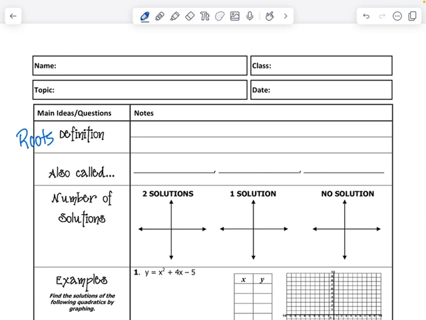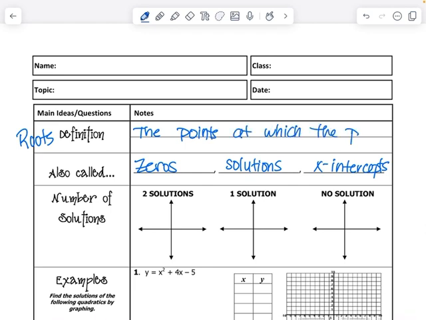What does that mean? I think we've used this word before. You probably know it more as zeros or the solution or the x-intercepts, okay? So we're talking about, and specifically with our quadratic functions, the points at which the parabola does what?